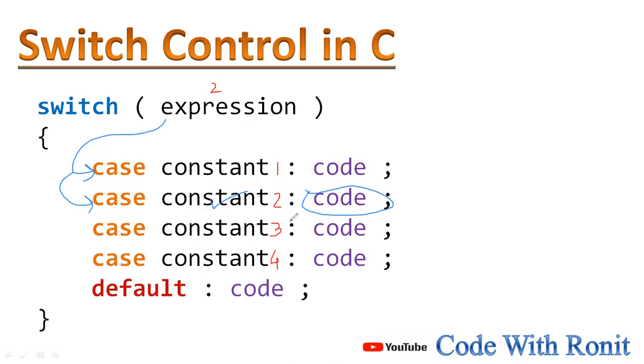And now after executing this code, the control will come here, and then here, and then here. But in the previous program, we saw that if we press 2, then only the code of 2 was printed. It was not printing 3 if we press 2, but here it is printing 3. So to overcome this problem, we have to do some arrangement.